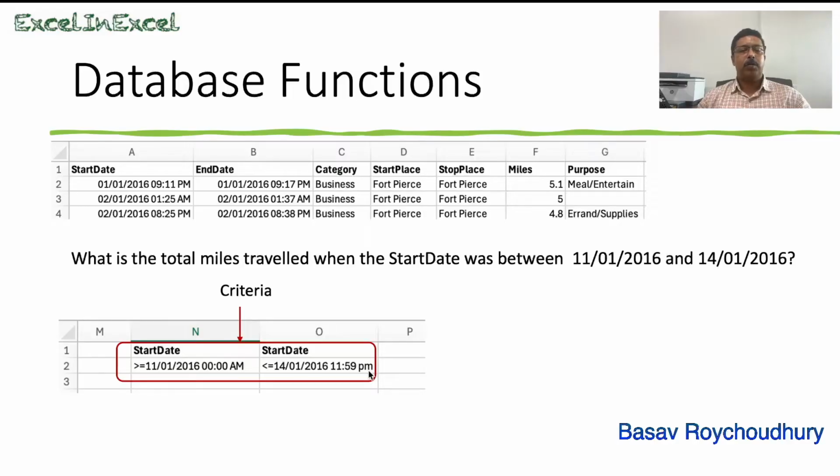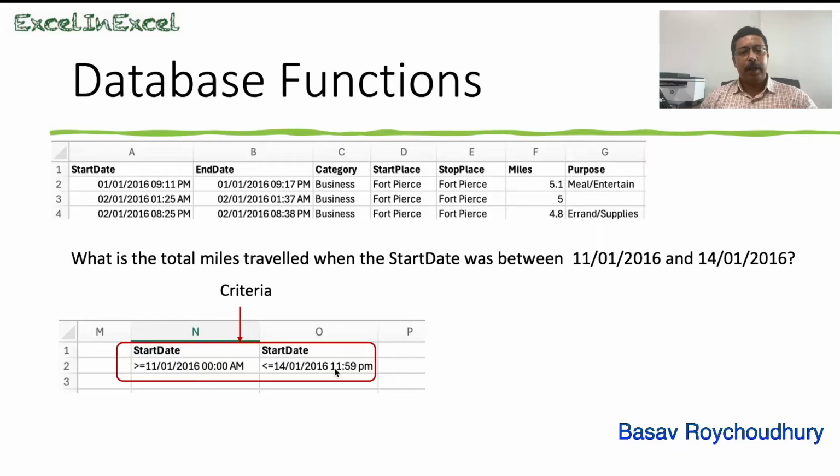Now interestingly, because we have the time value here along with the date, if we had just given 14 January 2016, 14 January 2016 starts just after 11:59 p.m. of January 13. That is the point when it starts.